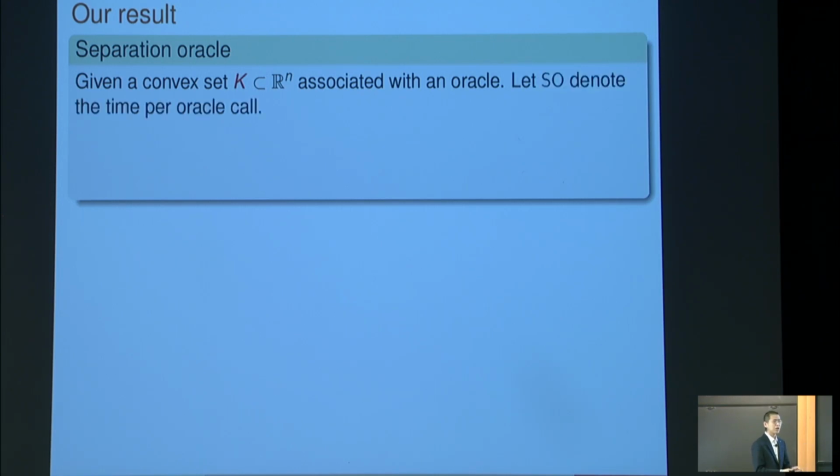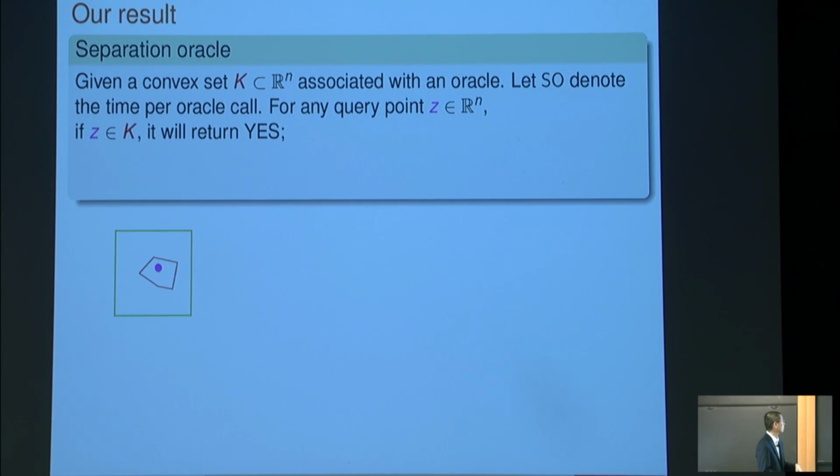Let SO denote the time whenever we call this oracle, for any coordinate point Z. The green rectangle is your starting point, which has radius capital R. The red polytope is a convex region that the oracle knows and you don't. Whenever I load a point into the oracle, for example if my point is inside this red region, my oracle will just tell me yes.